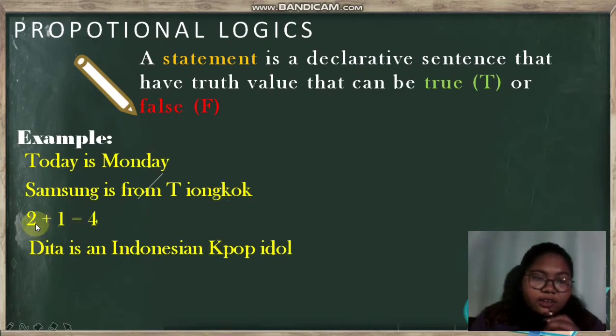Then, 2 plus 1 equals 4. This is a statement too, and its truth value is false because 2 plus 1 is 3. Then the last one, Dita is an Indonesian K-pop idol. This is a statement, and it is true.